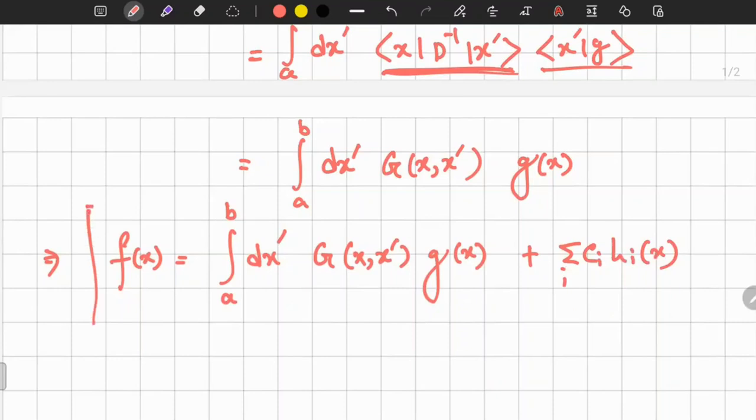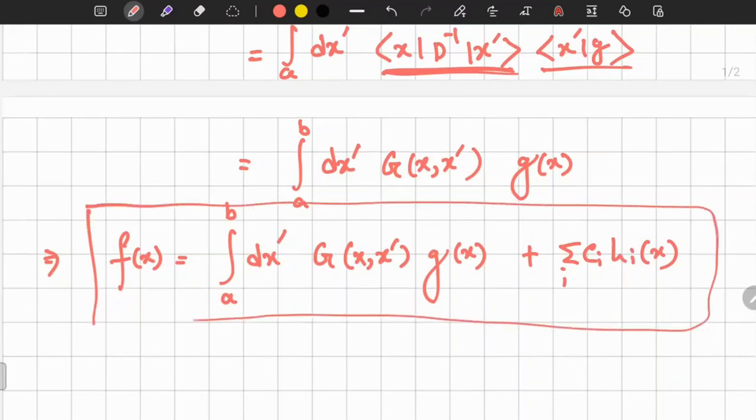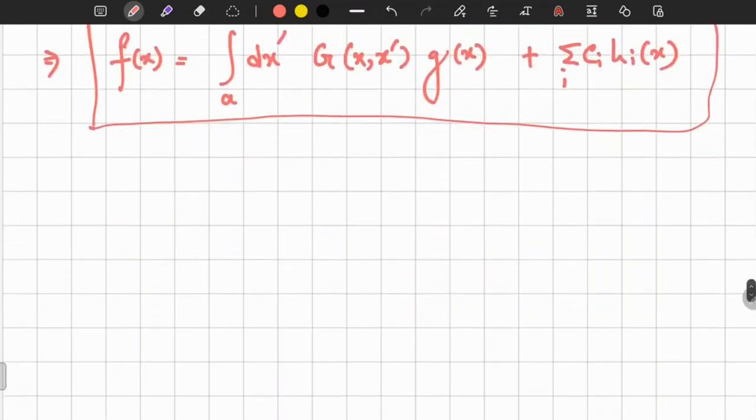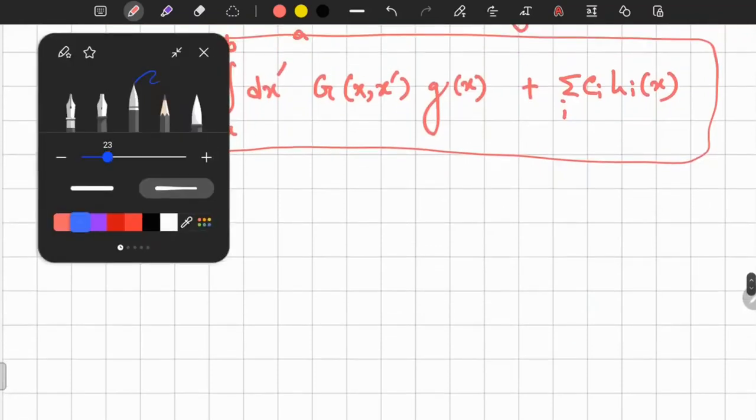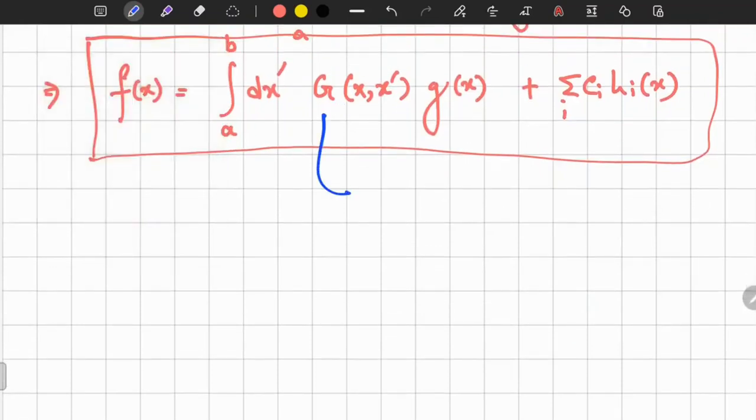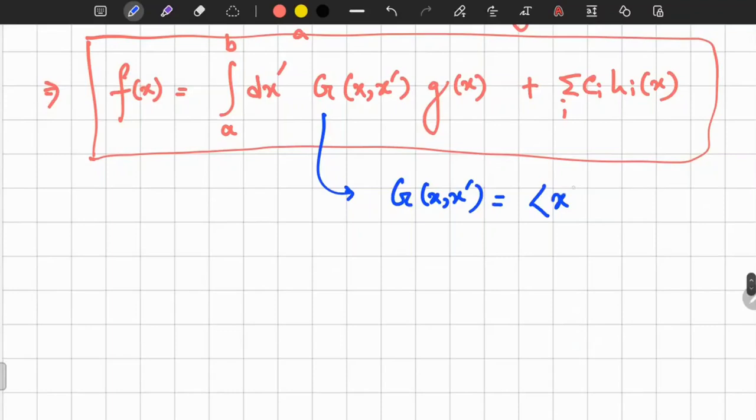So this is our form of f(x). So this is our Green function, which is defined as g(x, x prime) defined as x, D inverse, x prime. So this is the Green function.